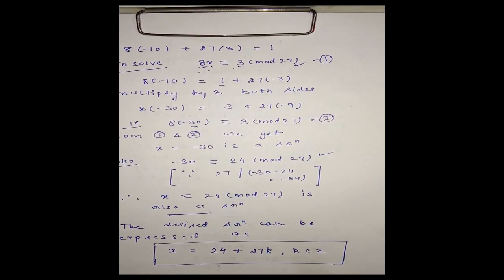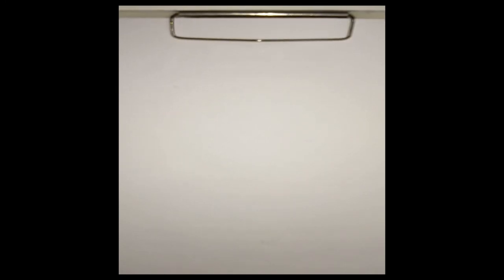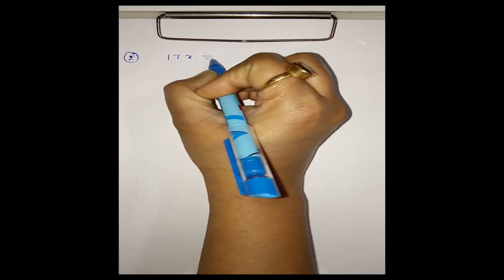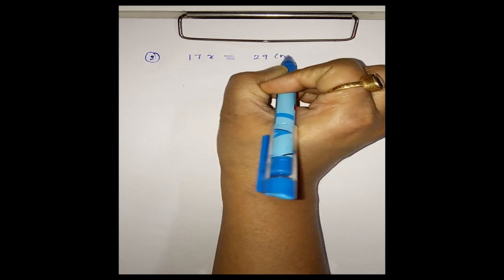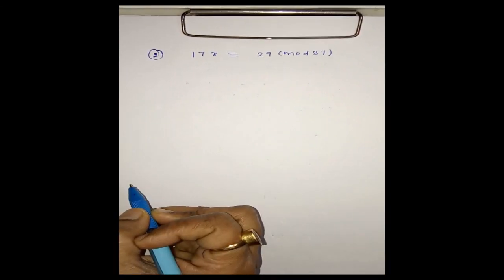Okay, now we come to the next problem. Next question. Second, solve the linear congruence 17x congruent to 29 modulo 37. Now we will solve this congruence.